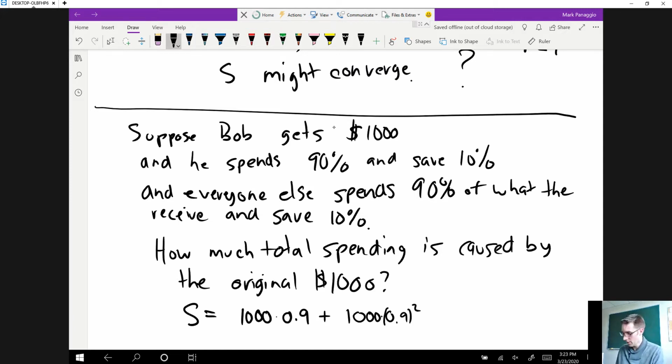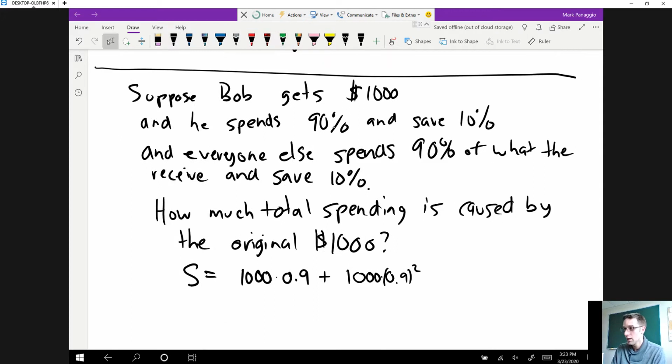And so we could simplify that by writing it as 0.9 squared. And so now this is the money that was spent. And so the next generation of people who receive it are going to spend 90% of that. And the pattern is going to continue. So we're going to keep spending 90% of what we receive.